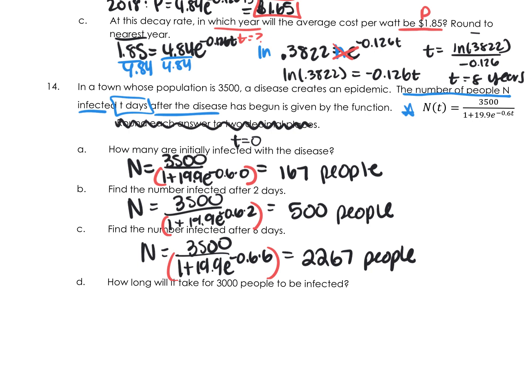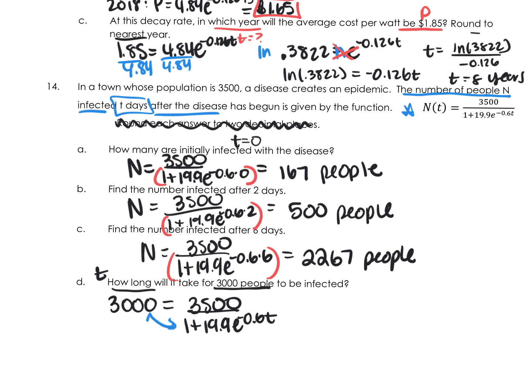Then how long will it take for 3,000 people to be infected? We'll put 3,000 in for n, and we're looking for time. Now we'll do the switcheroo, where these two switch spots, and we'll have 1 plus 19.9e to the negative 0.6t equal to 3,500 divided by 3,000.